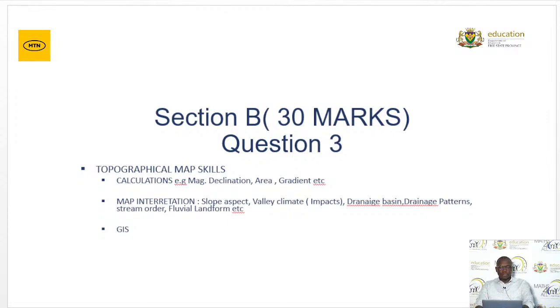You must be able to know the direction in which the slope faces. For example, if you go inside the map, based on the contour lines, you'll be able to check whether the slope is facing north or facing south, and whether it's receiving more sunlight or less sunlight. So slope is one of the things that may also be asked in terms of the interpretation.